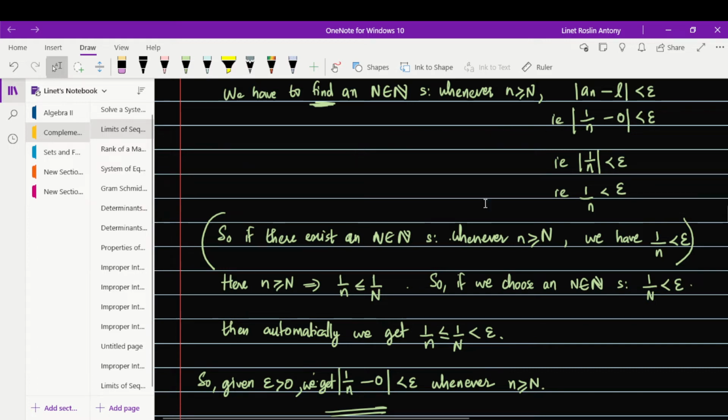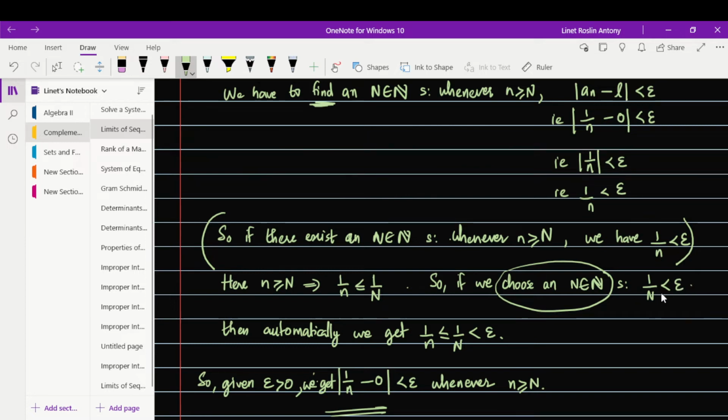Since n is greater than or equal to capital N, we will have 1 by n is less than or equal to 1 by capital N, because when we use reciprocals, the inequality changes to the opposite. So here you have 1 by n is less than or equal to 1 by capital N. Suppose we choose a capital N such that 1 by capital N is strictly less than epsilon.